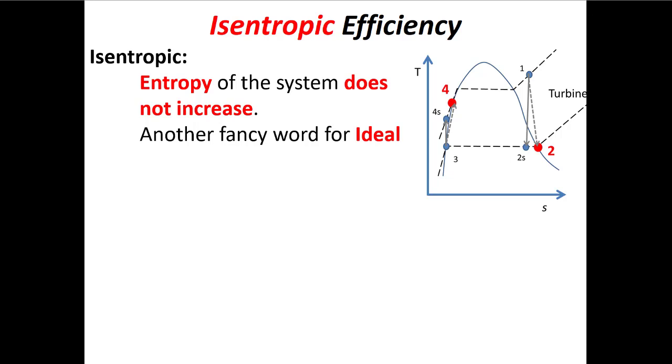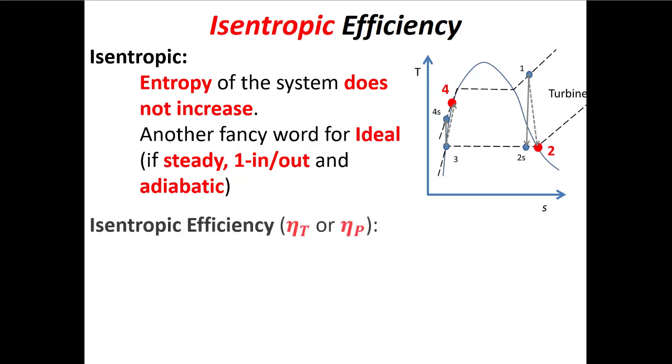So it only really makes sense to talk about isentropic processes for things that are adiabatic, like turbines and pumps. You wouldn't talk about an isentropic heat transfer process. So it is ideal if we're assuming the process is steady state, one inlet, one outlet, and adiabatic.